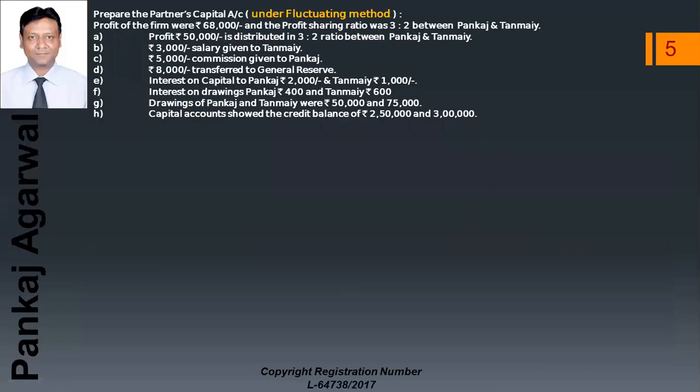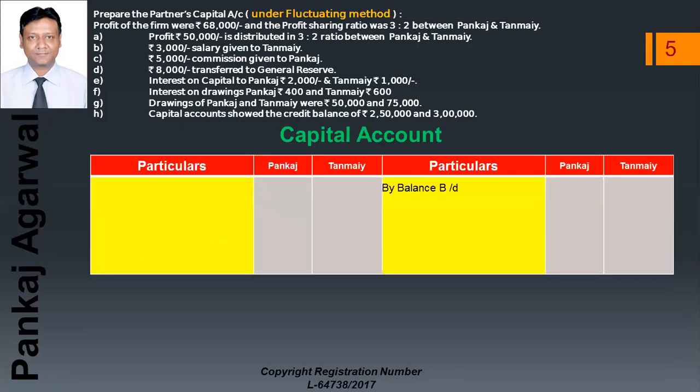So let us see another example when we are going to prepare the capital account under the fluctuating method. The question is the same as we did just now. So the opening balances of the capital will be shown on the credit side. Now interest on capital will be allowed to the partners. Salary will be shown on the credit side of the capital account.